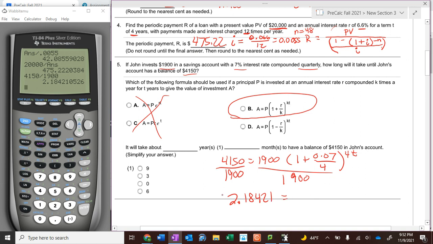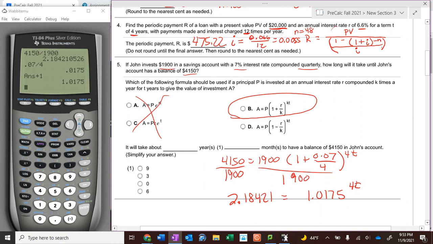On the other side, if I take 0.07 divided by 4 plus 1, I have 1.0175 to the 4t power.